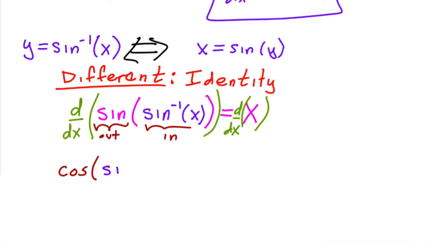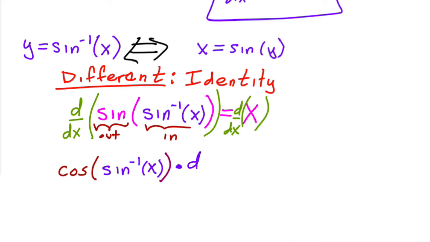Notice that this one doesn't have any y's whatsoever, so there's no y's in here. Okay, and then the derivative of the outside, leave the inside alone, times the derivative of inverse sine. But hey, we don't know the derivative of inverse sine.